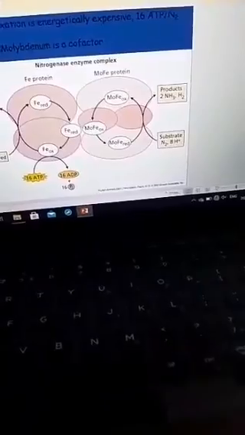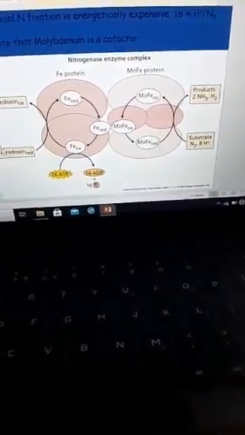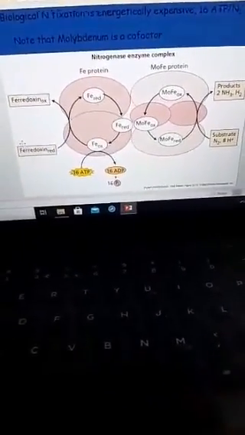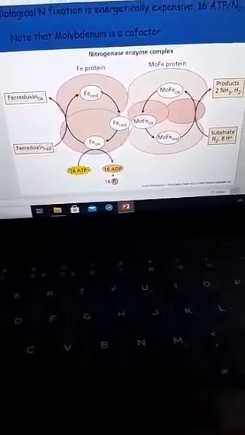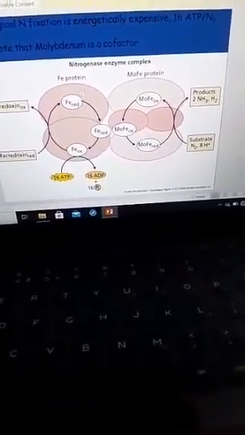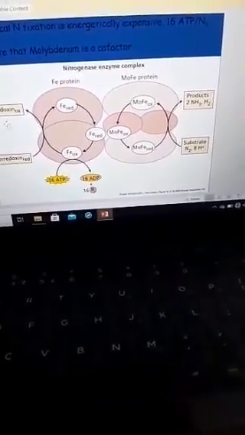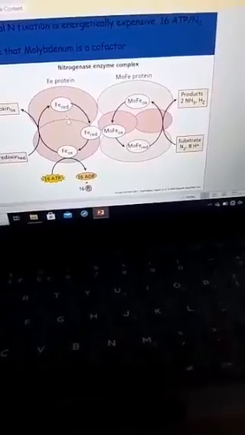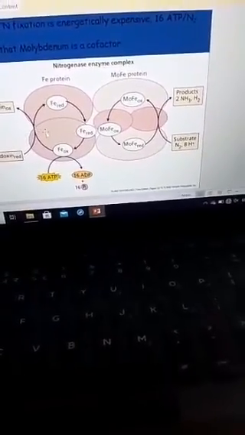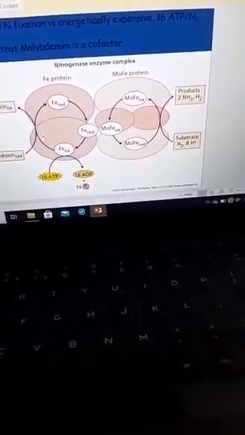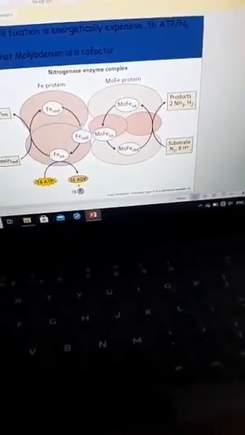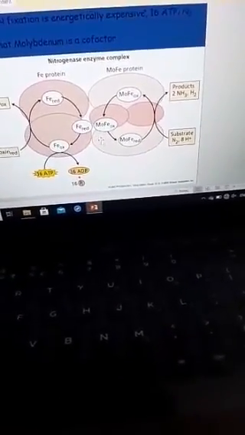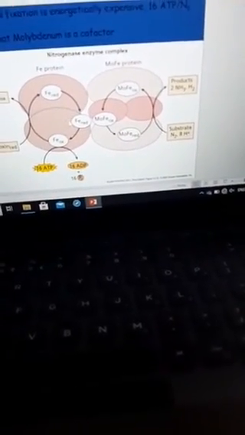So electrons will be donated by an electron donor and carried by electron carriers, and as they move from one electron carrier to another, they will be received by the iron protein unit, which when it receives the electron is reduced. When it passes the electron over, it is oxidized. So here you have an oxidation reaction and a reduction reaction.